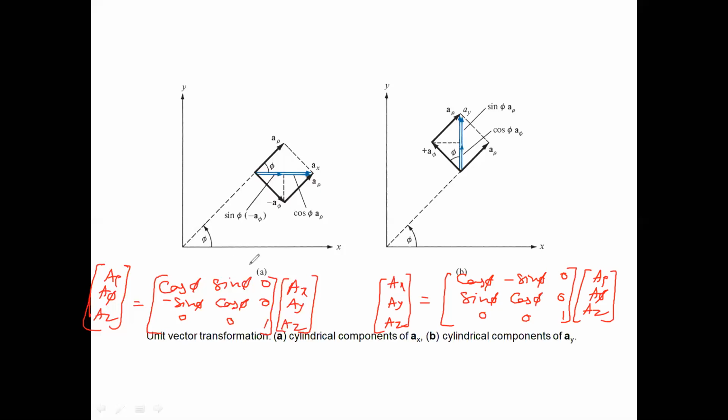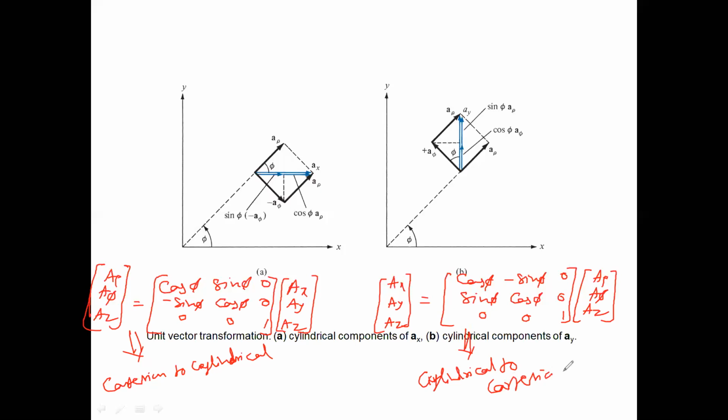From this relation, this one is the relation between Cartesian and circular cylindrical. This relation is circular cylindrical to Cartesian.